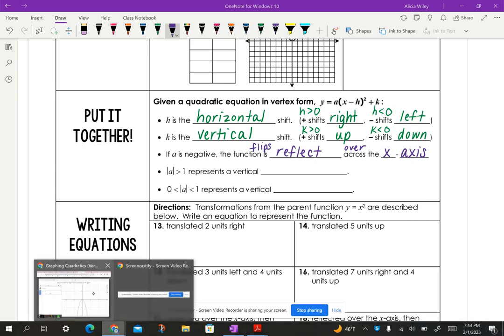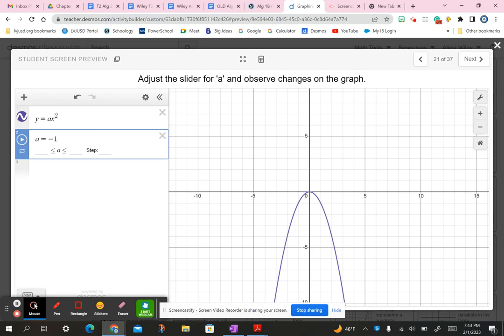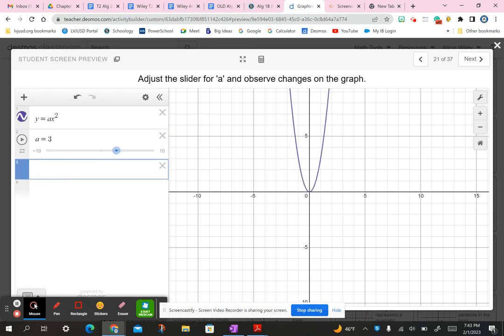So let's see what else a does. With a, if I change a, let me change it back to positive. Okay, so if I change a to a bigger number, like 3, and I'm actually going to add a line here and put the parent function in there so you can compare it.